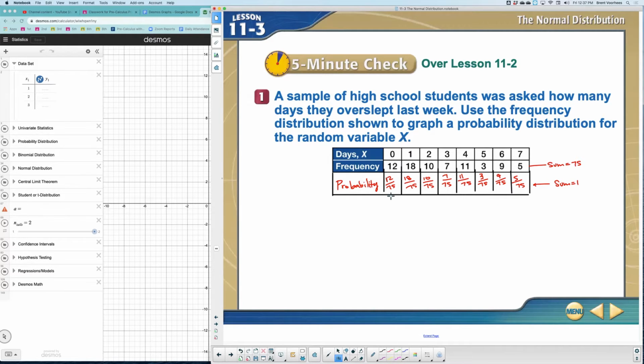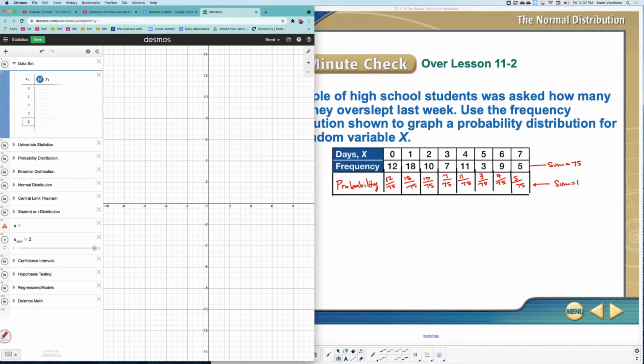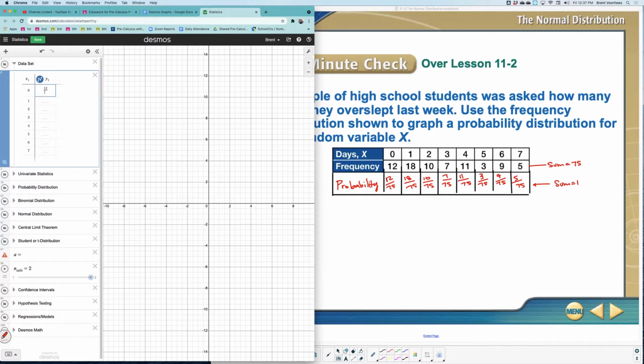Okay, so let's look at how this graph is. Instead of graphing the values they gave us, we're going to graph these. So oversleeping 0, 1, 2, 3, 4, 5, 6, and 7, and specifically the probabilities.